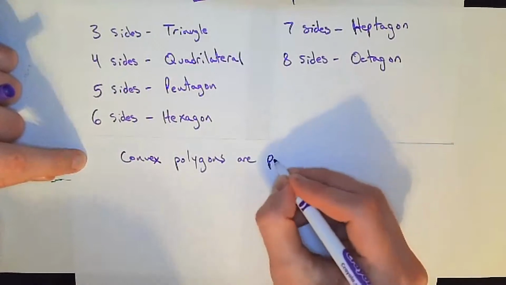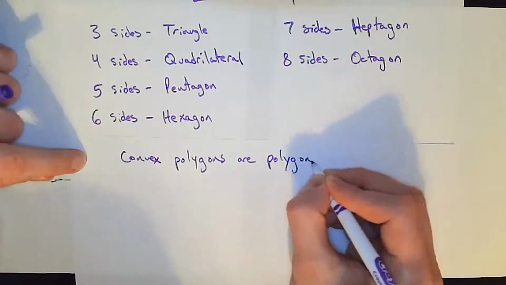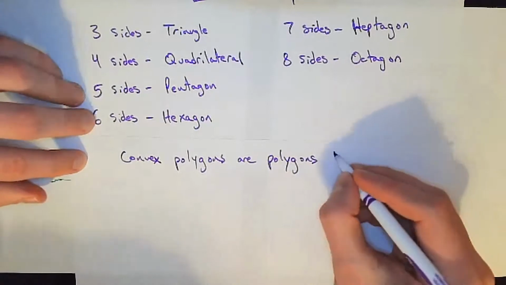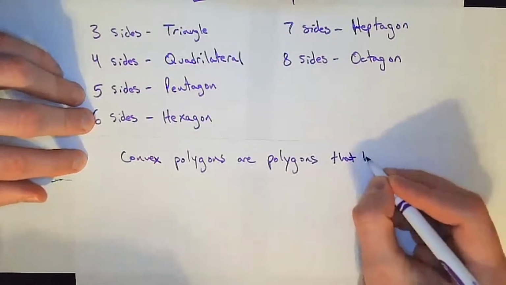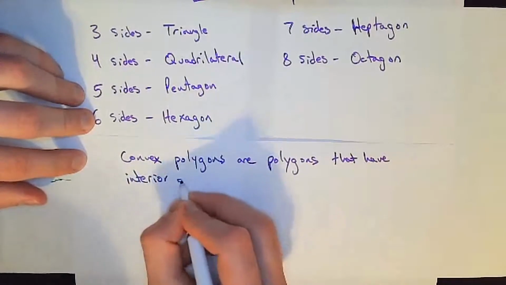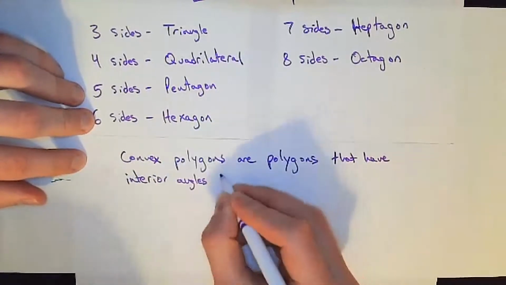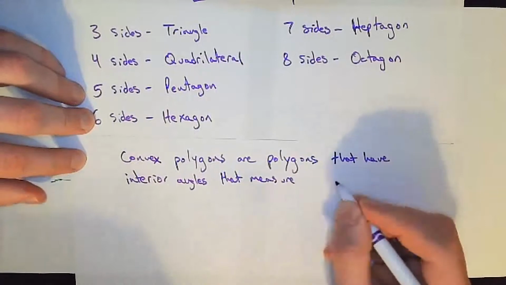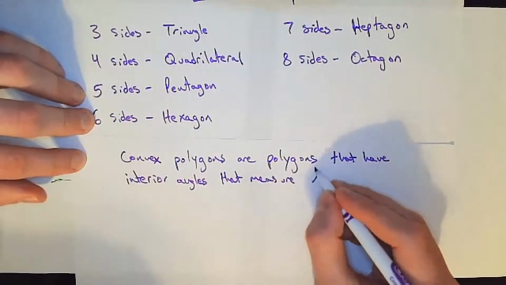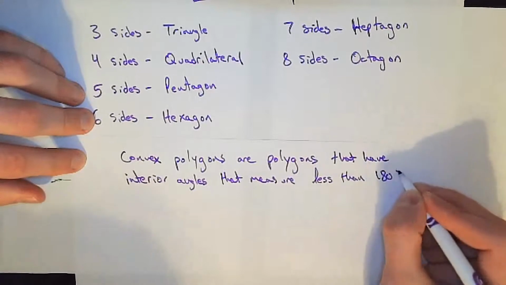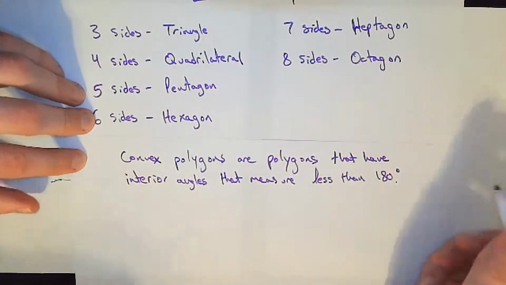All right, here's the technical definition, and then I'll tell you what we're getting at here. Convex polygons are polygons that have interior angles that measure less than 180 degrees.